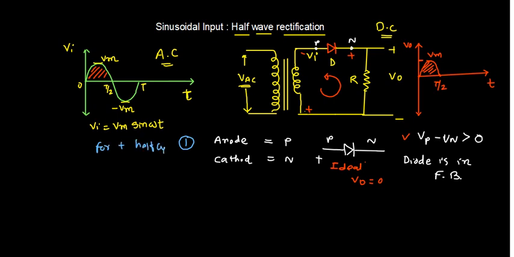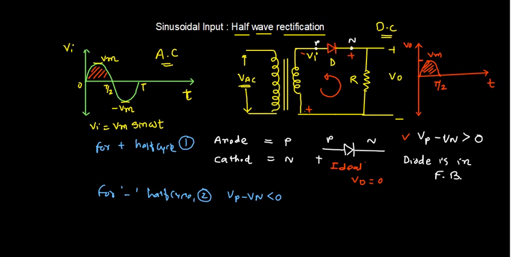Now the second case, for negative half cycle. Vp minus Vn is less than 0 because here is a positive, here is a negative. So Vp minus Vn will be less than 0.